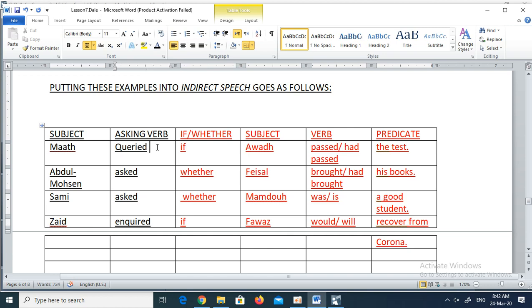So if Marv queried last month if Awad had passed the test. Marv queried last month if Awad had passed the test. Because last month is a long time ago, we use the pluperfect.